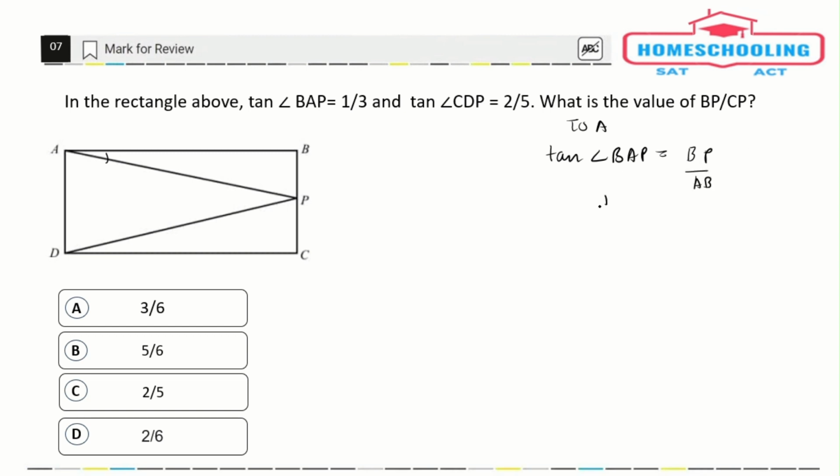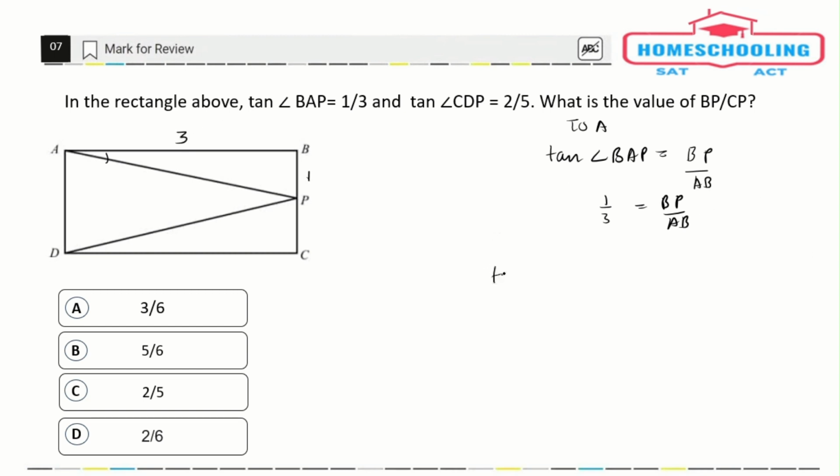So from this we can say that tan angle BAP is 1 by 3. So BP by AB is 1 and 3. So BP would be 1 and this would be 3.